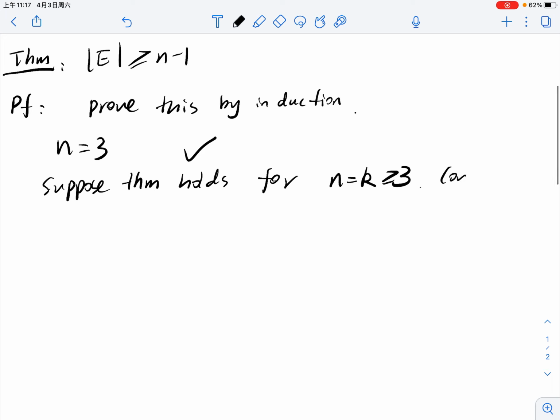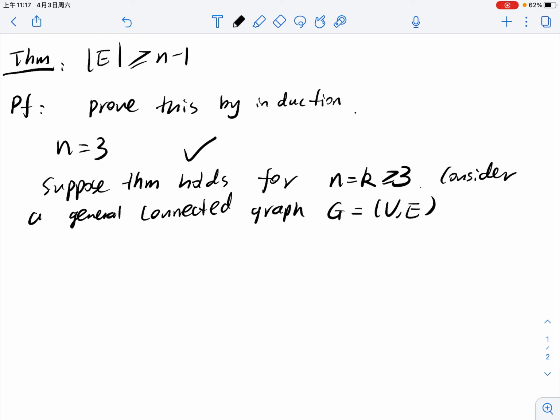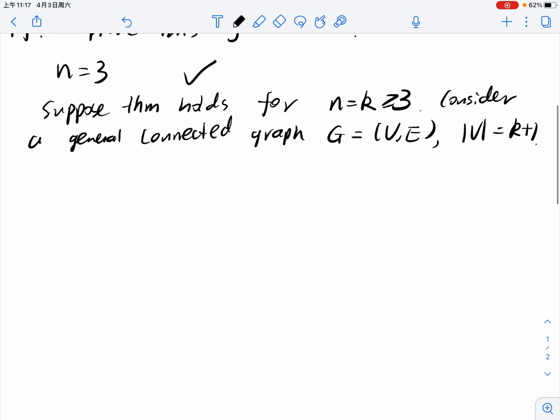And then consider a general connected graph G equals (V, E), where the cardinality of V is k plus 1. Then without loss of generality, we can assume G is a simple graph.